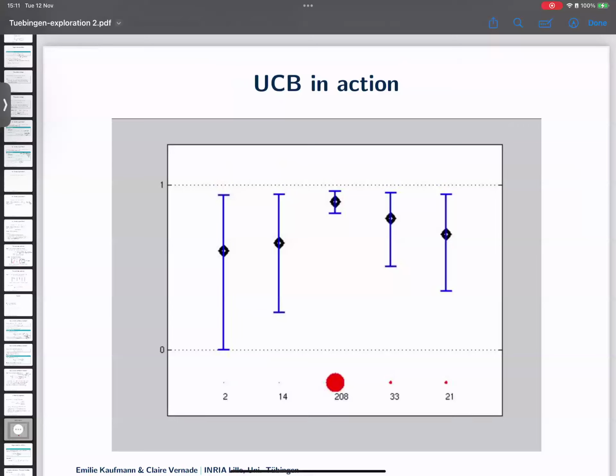You saw this arm was just pulled, and my confidence bound on its mean decreases again. The reason why they grow slowly is because in my square root, I have a log t. So they grow very slowly, at the speed of log t.